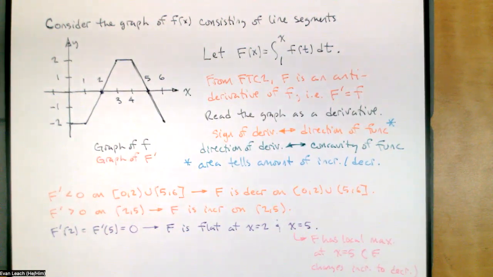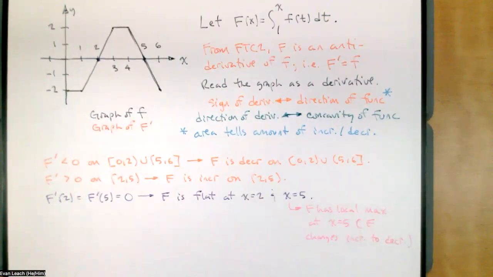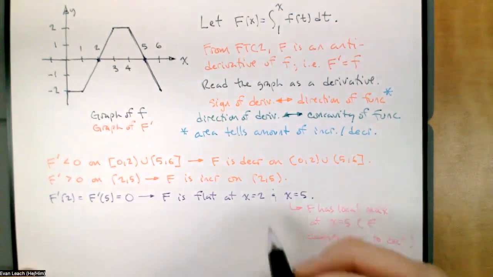At x equals 2, we can say the capital F must have a local minimum because we've changed from decreasing to increasing.